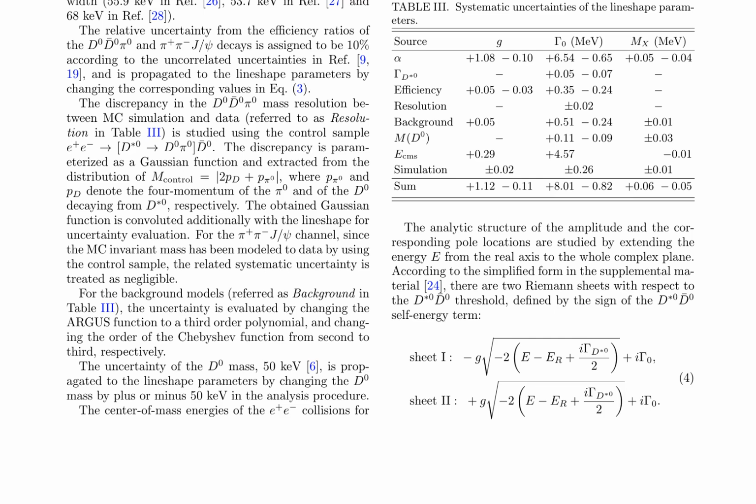This is achieved through a simplified form of the amplitude, detailed in the supplemental material, Ref. 24. The two Riemann sheets with respect to the D*0 D̄0 threshold are defined by the sign of the D*0 D̄0 self-energy term, with the first sheet characterized by a negative sign and the second sheet by a positive sign.